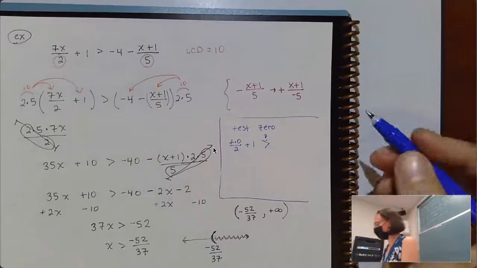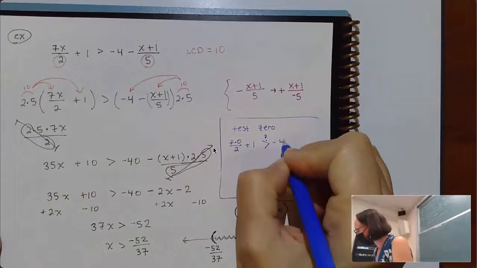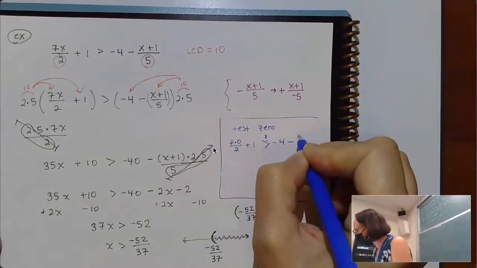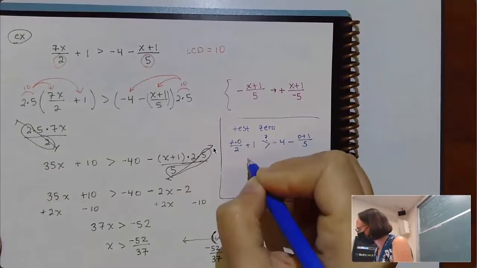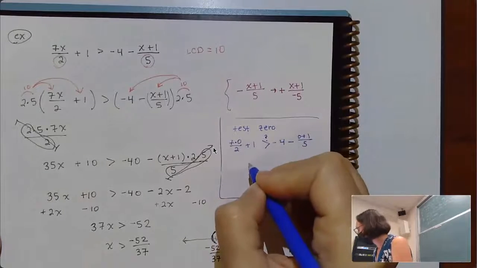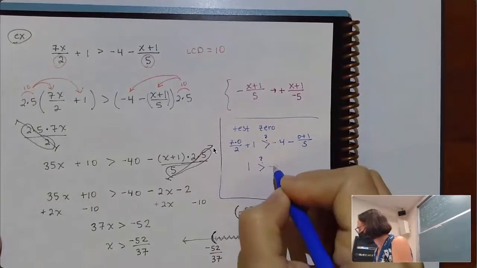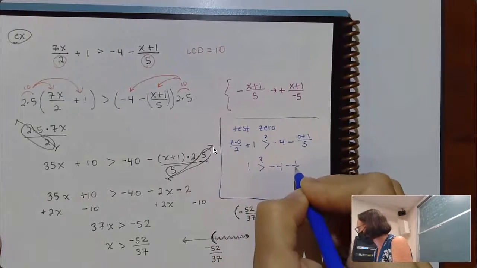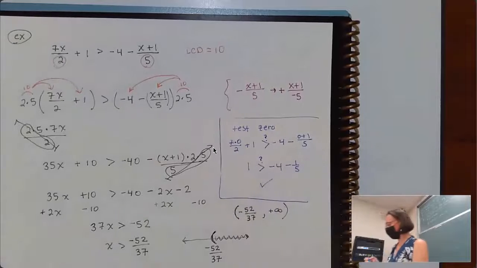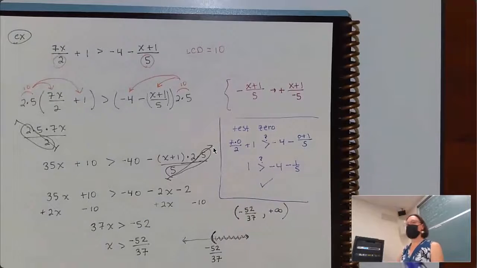We're just testing if it's bigger. -4 minus 0 plus 1 over 5. Well, that's 0. So is 1 greater than -4 minus 1/5? Yes, for sure. 1 is bigger than some negative garbage.